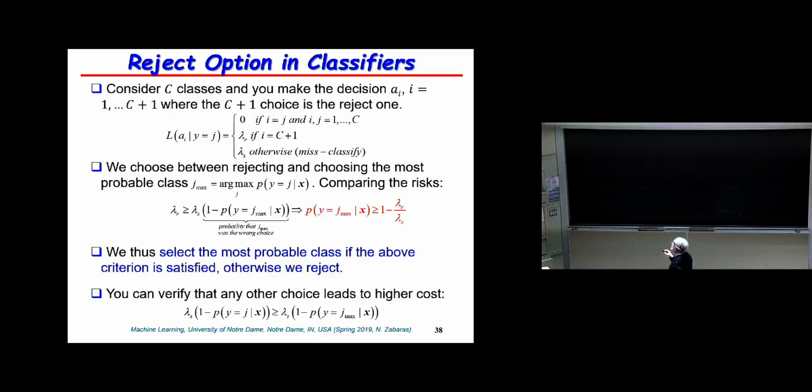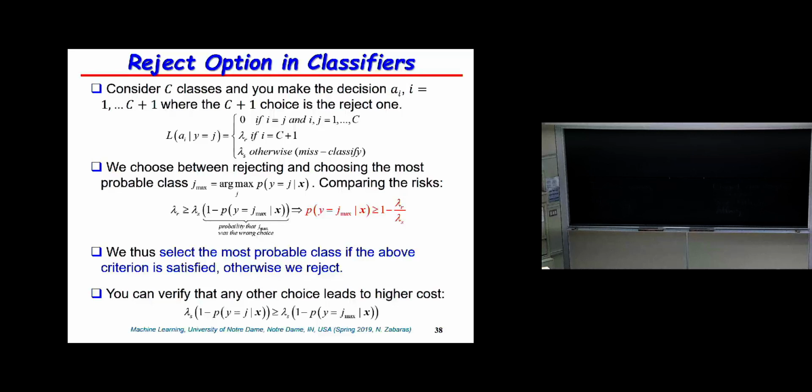So let's do the following. You remember we accept when the label we assign comes according to the maximum posterior distribution that we see here. If you take this posterior for a given x, this is the probability that you will accept J max and assign it to the right class.